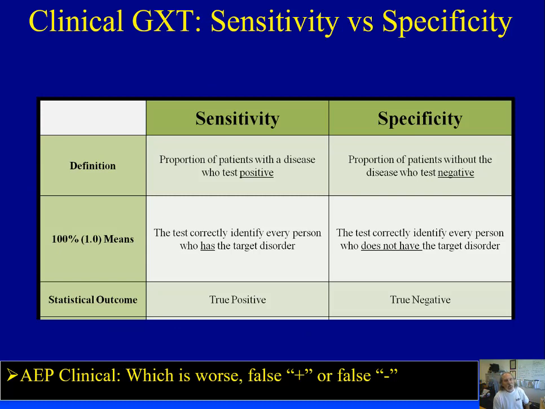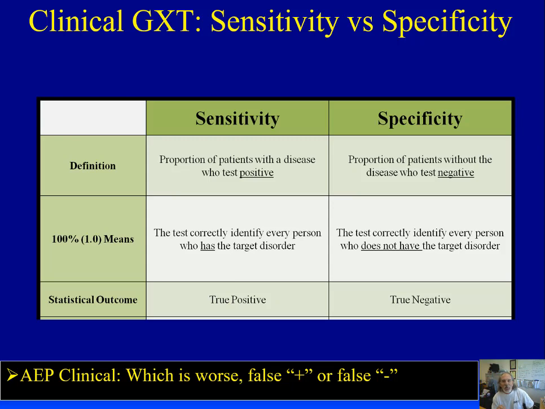So let's talk about sensitivity and specificity because you need to know this. So the definition, sensitivity is the proportion of patients with disease who test positive. So 100% means that there's a test that every person that has that disorder, the test says they have it, okay? And that's called a true positive.